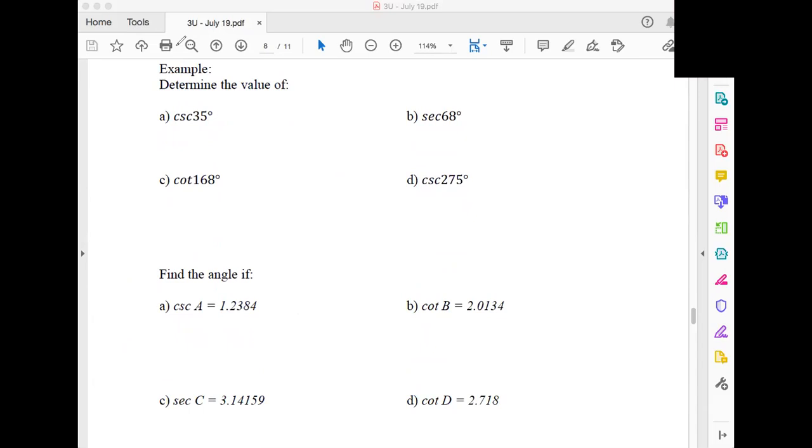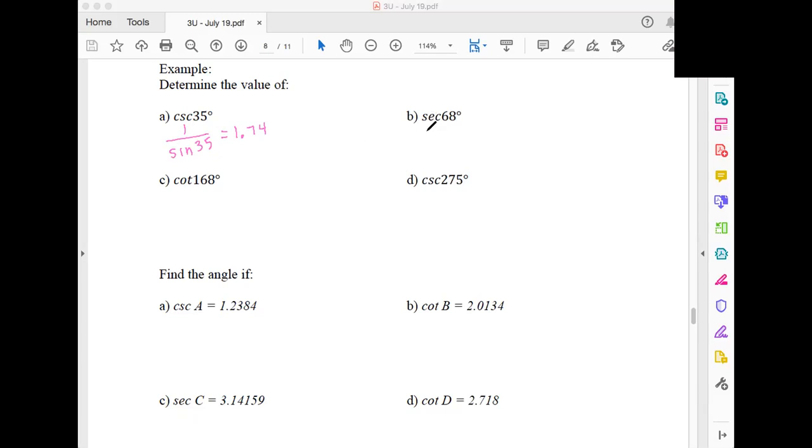Cosecant is the reciprocal of sine, so that means that it is quite literally 1 over sine of the same angle. If you plug that into the calculator, it gives you 1.74. With these guys, you are going to get numbers that are above 1. You're going to get some that are negative, and that's okay. It's just the sine and the cos that can't be over 1.